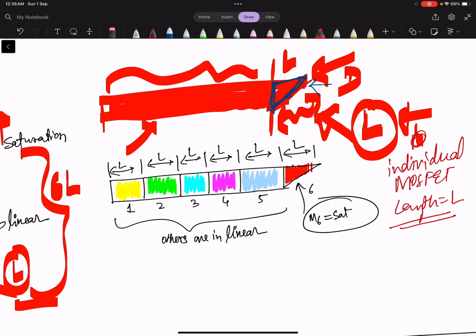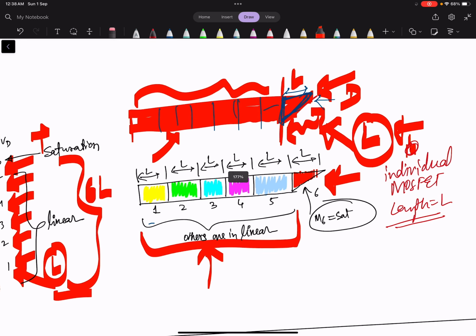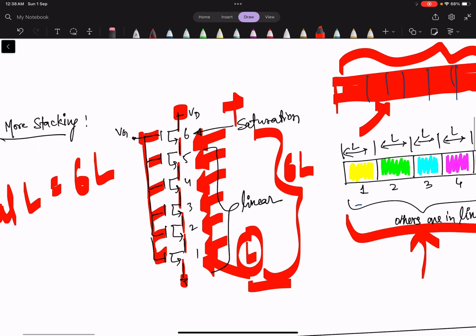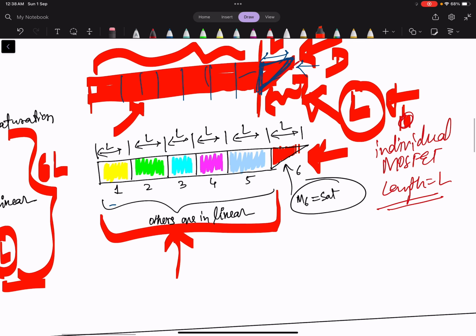So we split according to this size. So if you see here, all of these till here are in linear, all the MOSFETs, and this one will be in saturation. So this is the way of visualizing the stacked device, stacked NMOS, with respect to the length set.